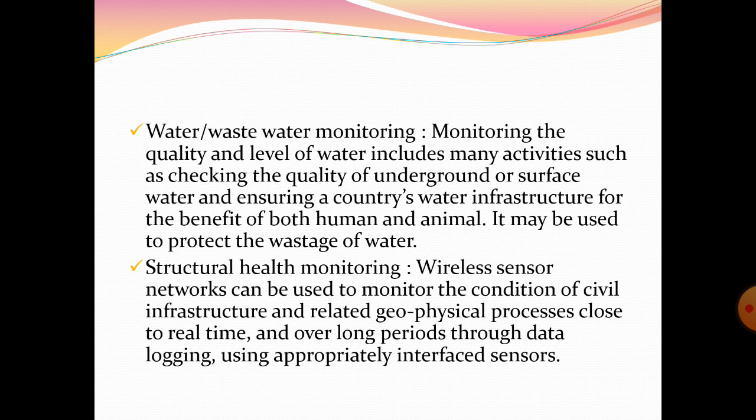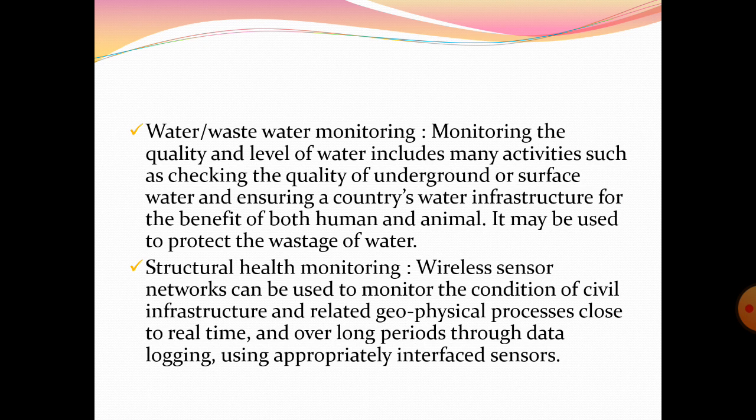Waste water monitoring. Monitoring the quality and level of water includes many activities such as checking the quality of underground or surface water and ensuring the country's water infrastructure for the benefit of humans and animals. It may be used to prevent the wastage of water.